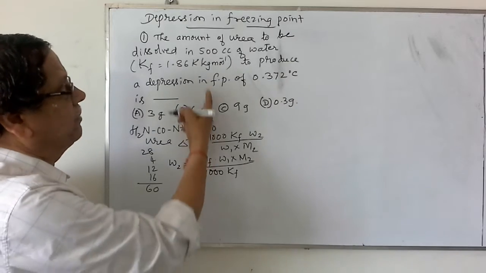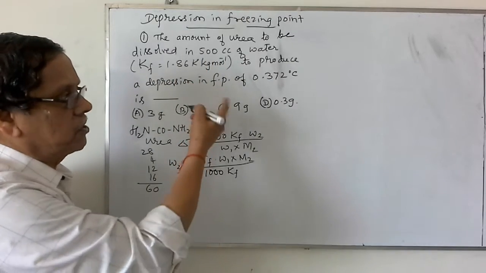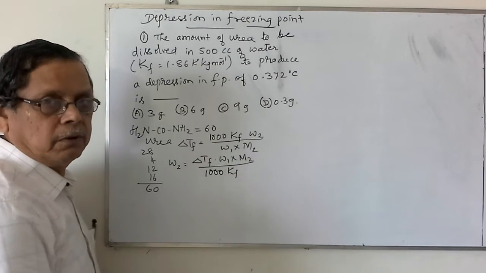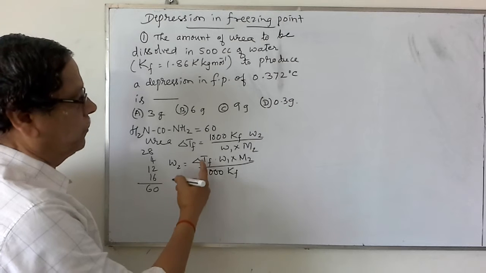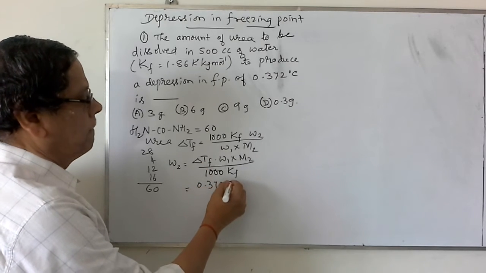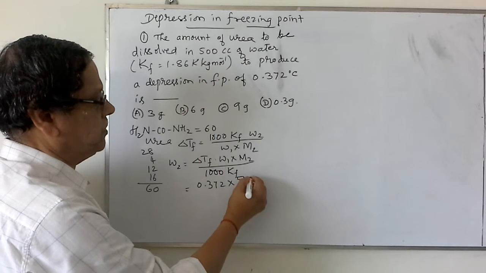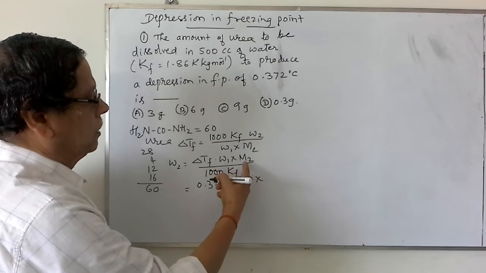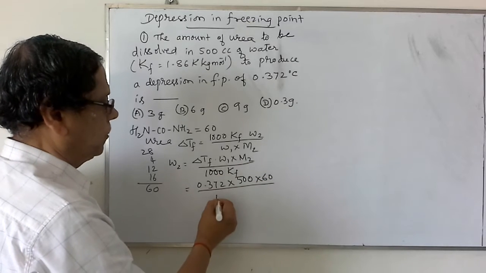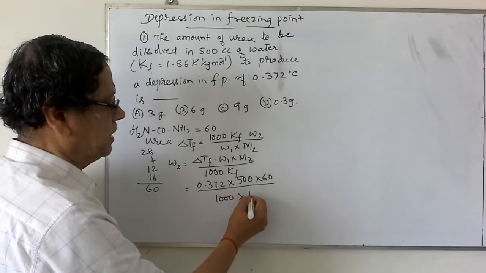Now W1 is actually given as a volume, 500 cc. For dilute solution we can take density as 1, therefore volume will be equal to its mass. Therefore we can take delta Tf 0.372, W1 mass of water 500 grams, into the molar mass of urea 60, divided by 1000 into Kf, which is 1.86.